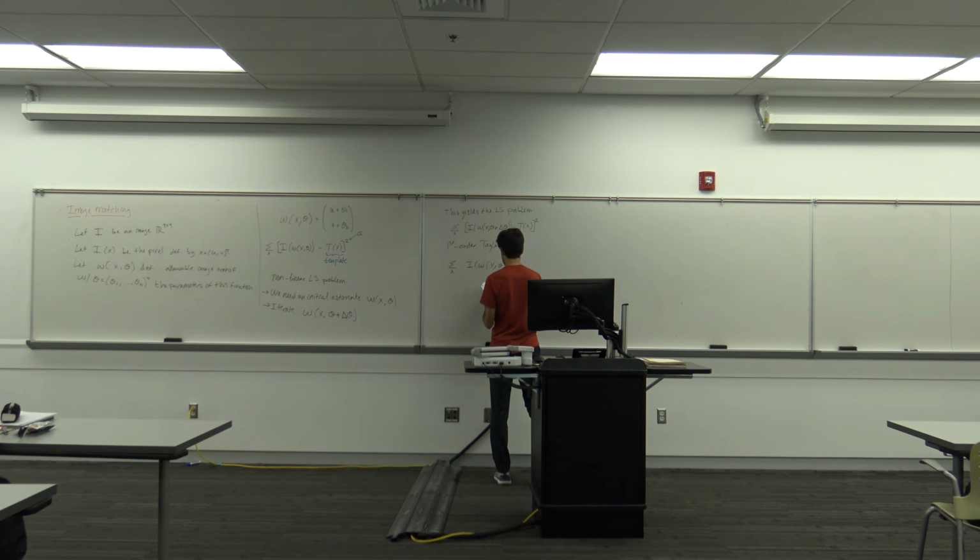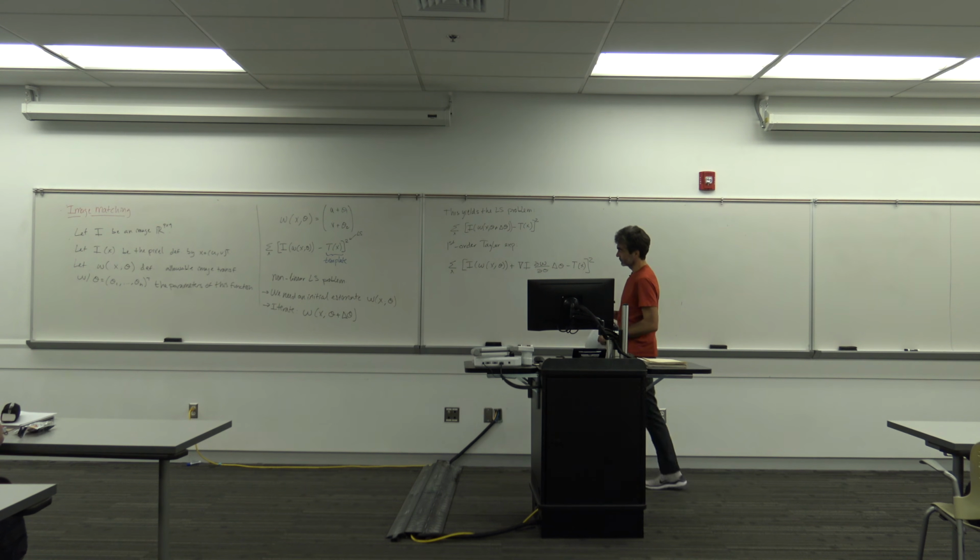Now that looks better. Plus the gradient of the image, the partial derivative of W with respect to my parameters, the increment of my parameters, and the target or template. And because I'm using least squares, I'm going to square this still.